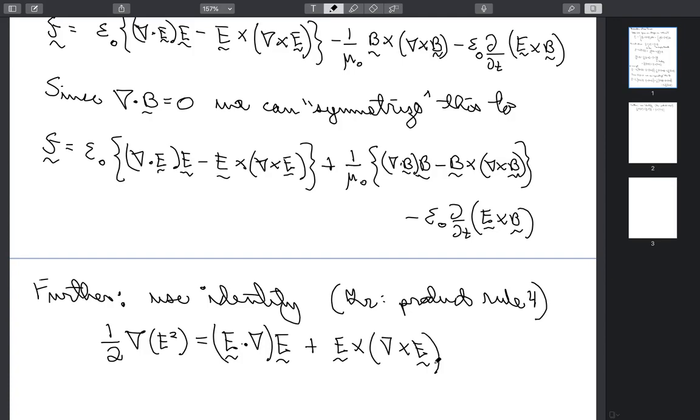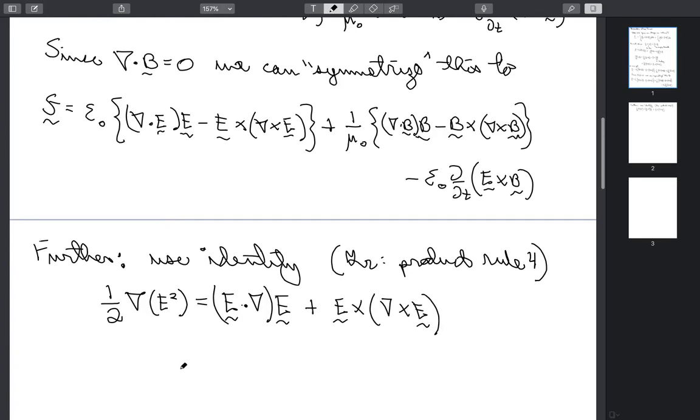Okay, and of course I could do exactly the same with the magnetic field, and that simply tells us that the expression E crossed into the curl of E can be rewritten as 1/2 the gradient of E squared minus E dotted into grad acting on E. Okay.